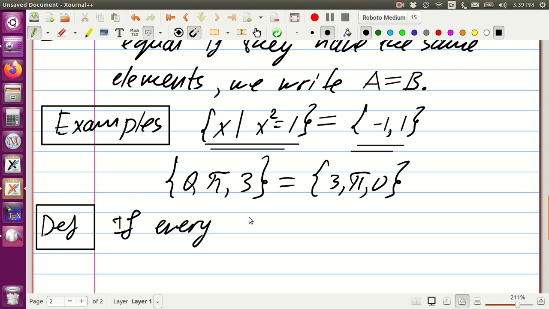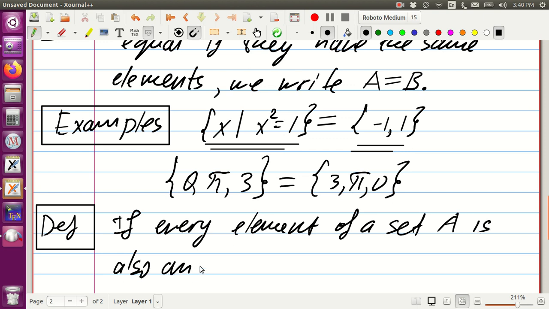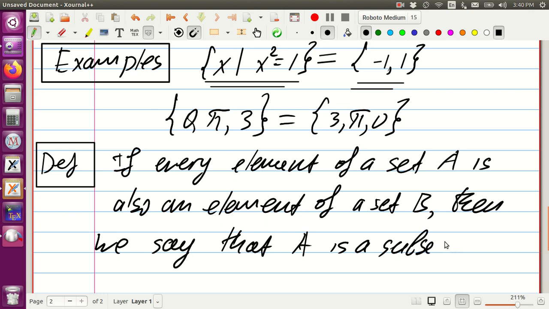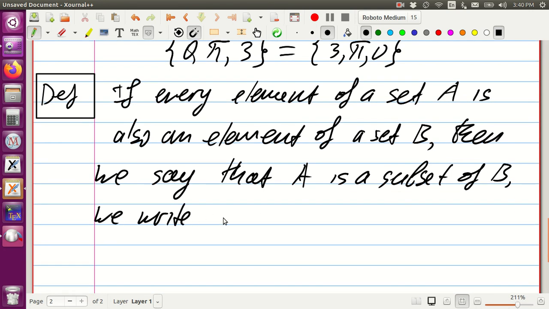If every element of a set A is also an element of a set B, then we say that A is a subset of B. And we write A and a special symbol, this symbol that means A is a subset. Didn't write it correctly, subset symbol.